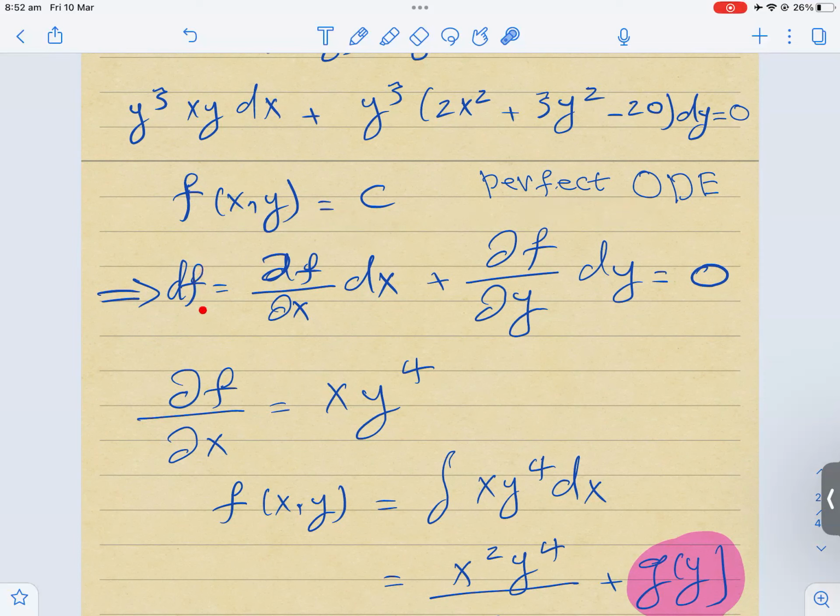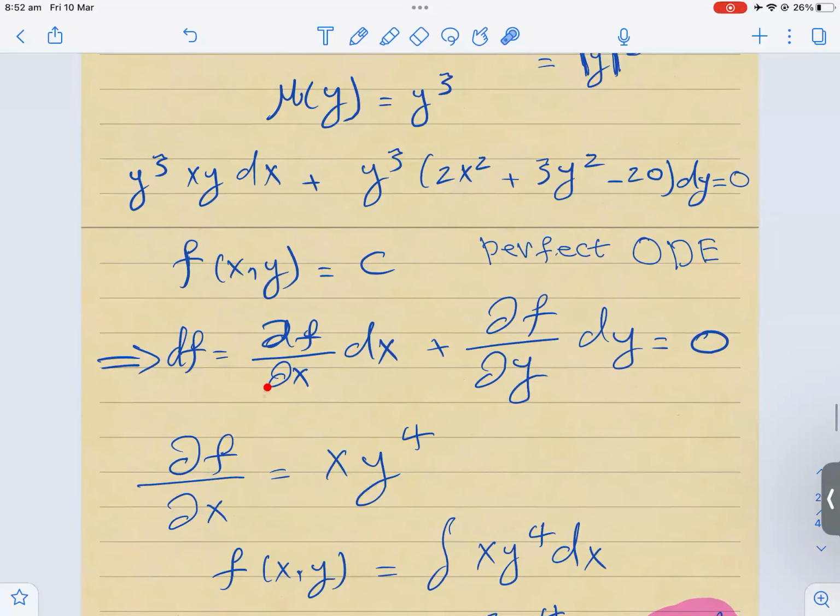differentiation in terms of x, this will be del f over del x, plus this. Complete differentiation means in terms of both of them, so it will be like this. So this part is m, this part is n.